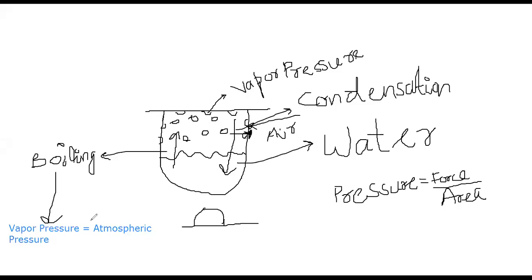The inside pressure is known as vapor pressure because that is mostly due to the vapors present inside this environment. There would be more vapors present inside the environment than outside, and outside there would be just air, and air would be exerting some pressure. When this internal pressure is equal to this external pressure, in which case internal pressure is vapor pressure and external pressure is atmospheric pressure, the pressure exerted by the atmosphere all the time, that's what we call boiling for a liquid.